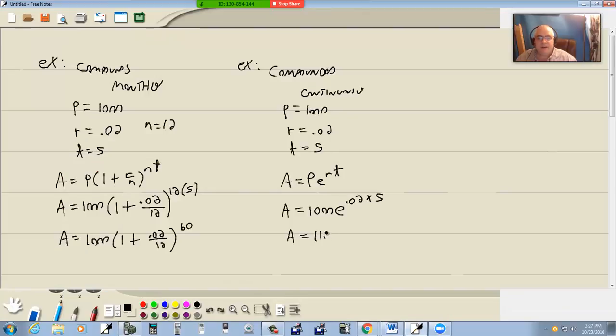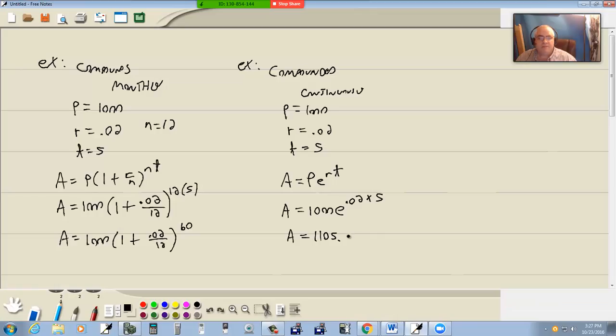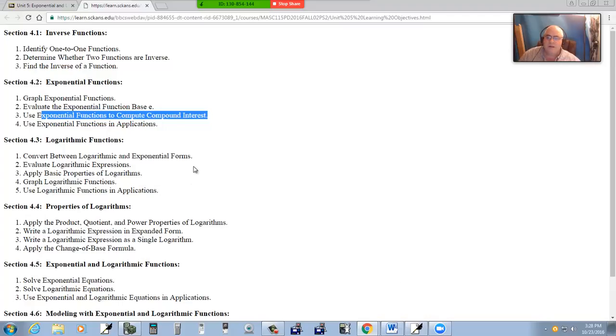So we got 1105.17. And that's how to compute compound interest. And that's kind of applications too.